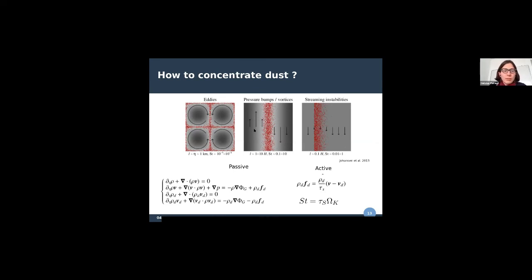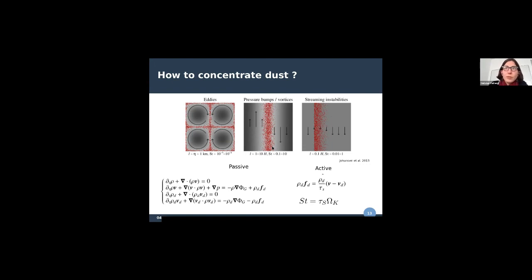Depending on the size of the dust, corresponding to different Stokes numbers, you have different processes to concentrate solids. The ones we are the most interested in are the pebbles to form planetesimals that have a Stokes number of the order of 1. Ideas that are discussed are pressure bumps, large-scale vortices, but also the streaming instability, which can grow when we consider the solids as active particles.